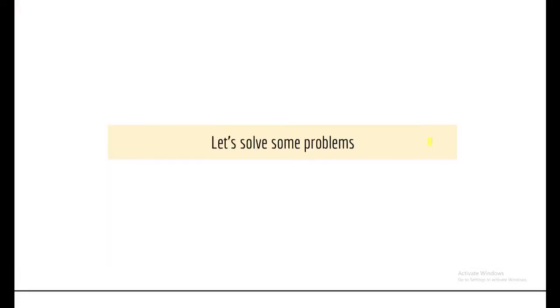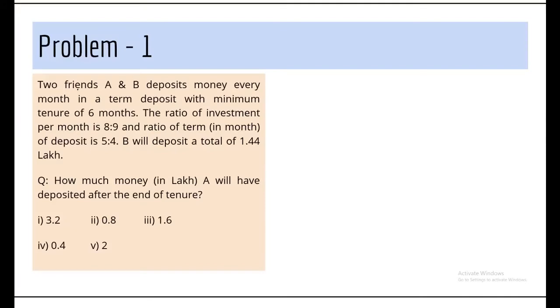Let's solve some problems. This is problem number 1, and you can try it yourself. You have 5 different options, you have to choose one, and the word problem goes like this: two friends A and B deposit money every month in a term deposit with a minimum tenure of 6 months.